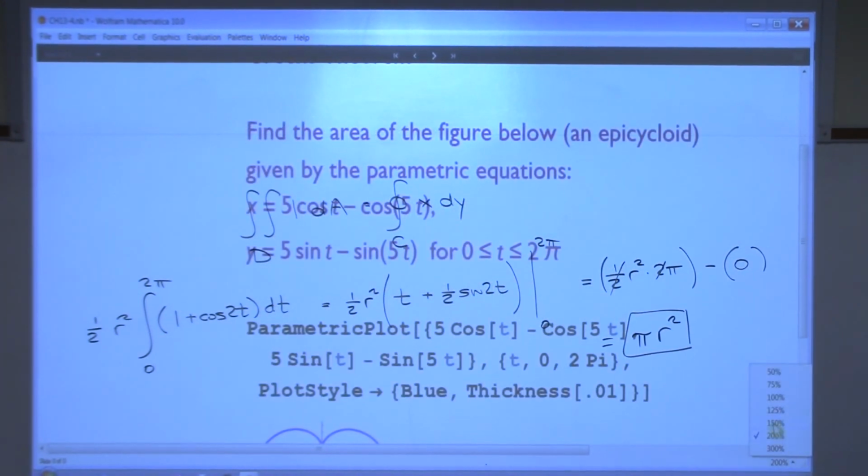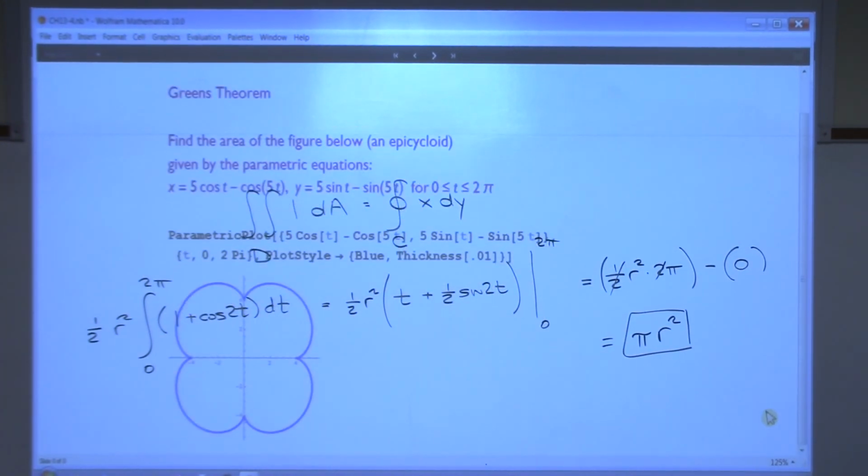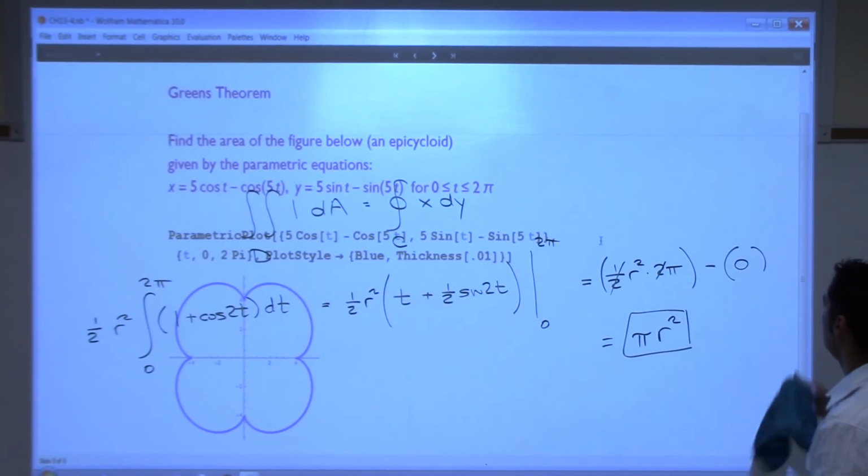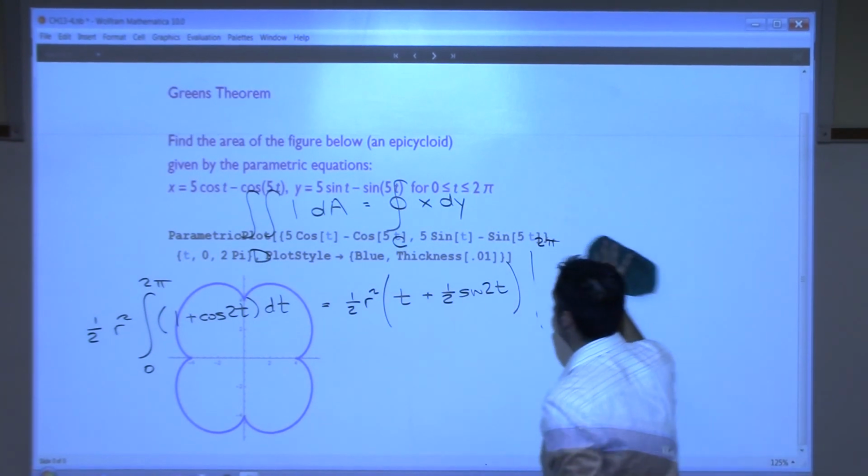I need to zoom out of this one. This is a great example of proper usage of this.